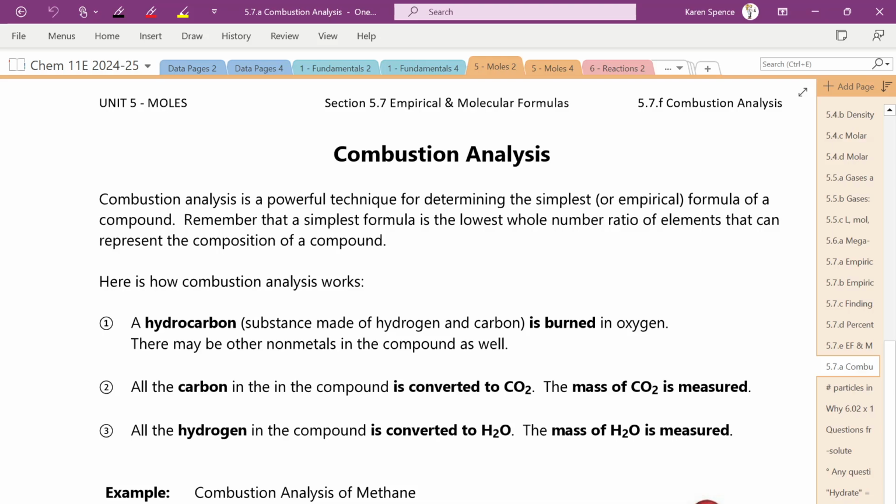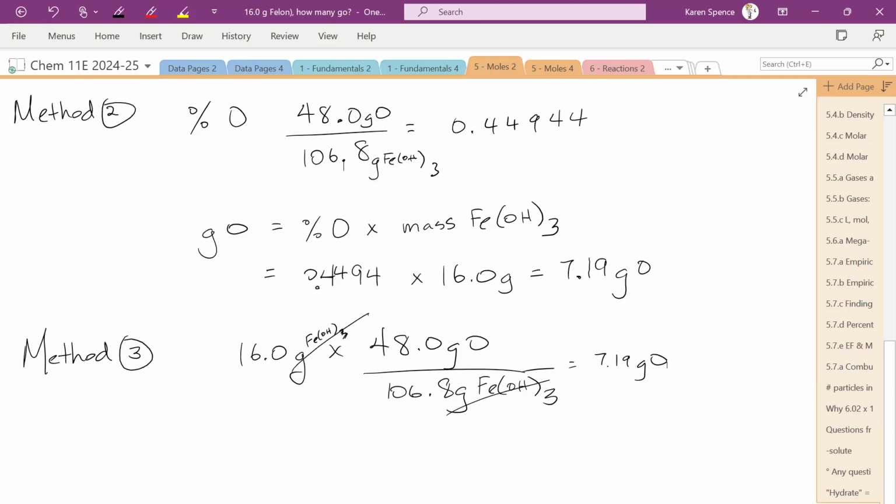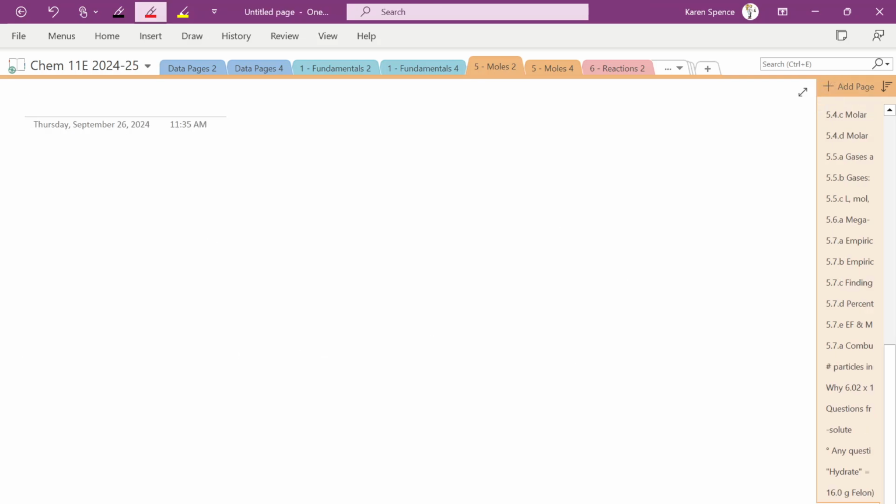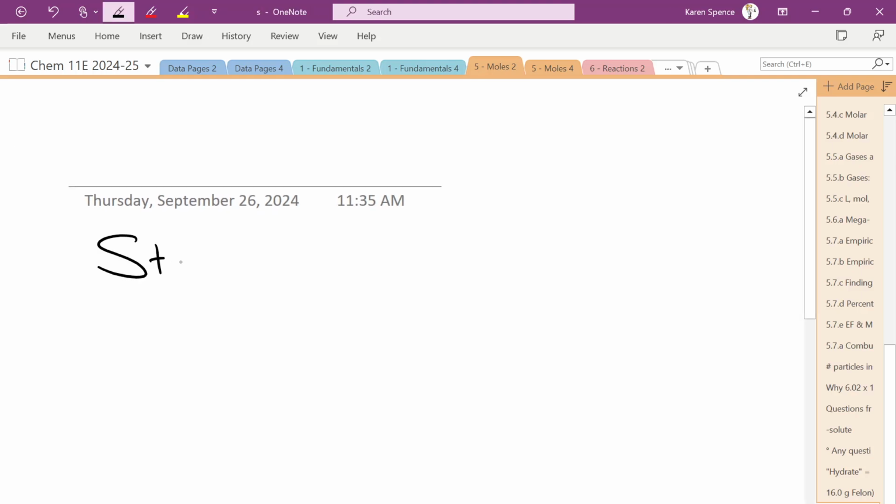So what is steel made of? What is steel mostly made of? It is mostly what element?